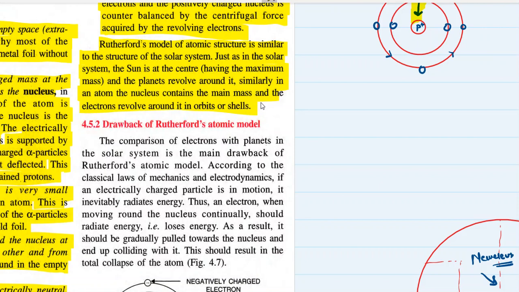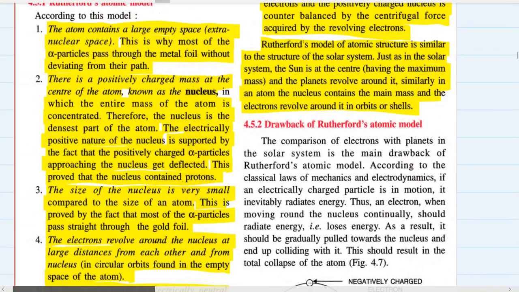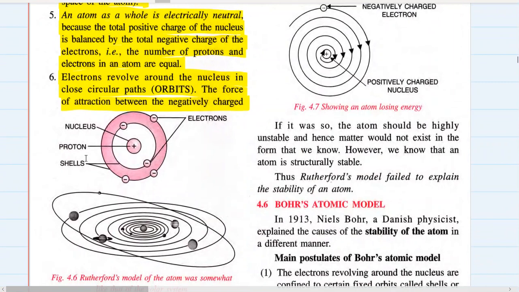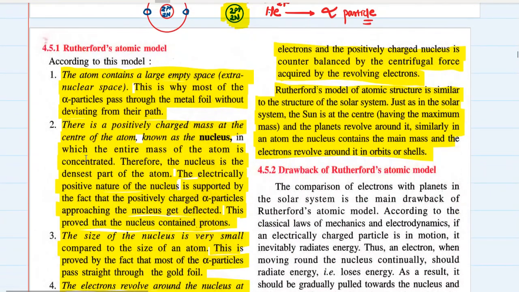So he compared the model of atomic structure to the solar system. Where there is a sun in the solar system, in an atom there is a nucleus. Where there are planets, in an atom there are electrons which revolve around the nucleus. So that was a simple explanation of the observations or suggestions made by Rutherford.